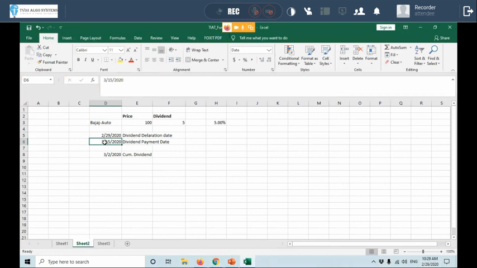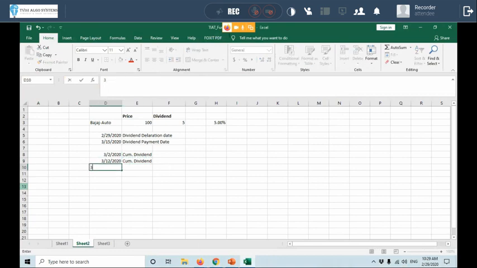So this is cum dividend. People need to buy this stock till 12th of March. So your cum dividend period starts on 2nd of March and ends on 12th of March.